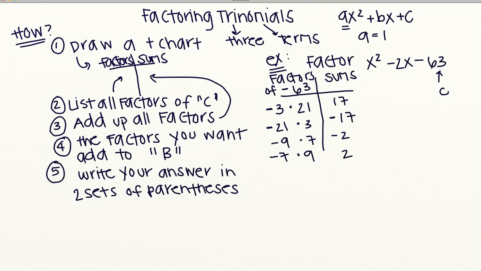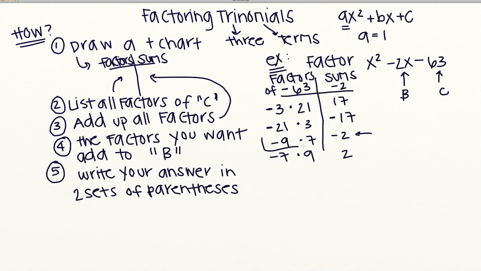Okay, so we are on number 4 now. The factors that you want add to b. Okay, and remember our b is our middle term. So our b is negative 2, and that's the one that we're looking for. And that is this one here. We found it because this is negative 2.